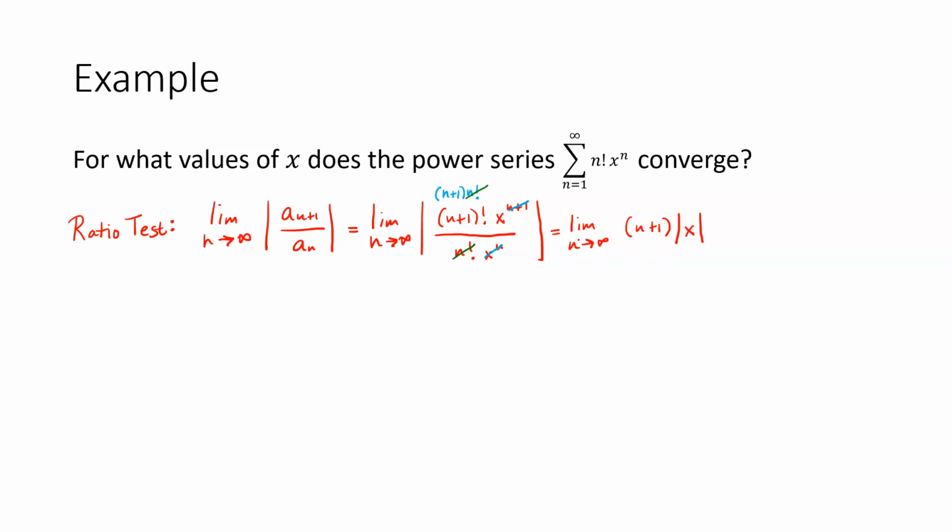And what we notice is that as n goes to infinity, n plus 1 goes to infinity. And so this would possibly be equal to infinity, except there's one case when it doesn't go to infinity, and that's if x is equal to 0. So it'll be equal to 0 if x is equal to 0, but it'll equal infinity if x is not equal to 0.